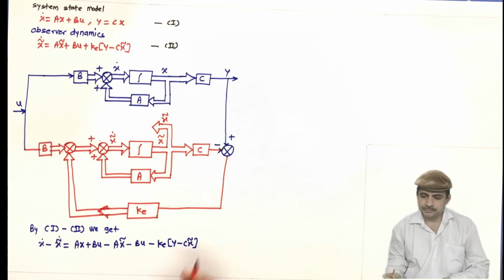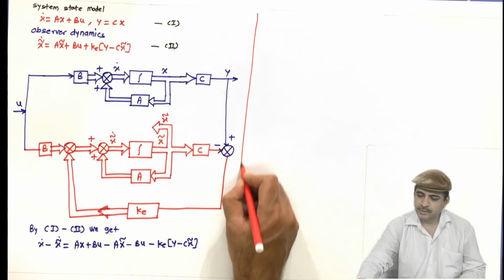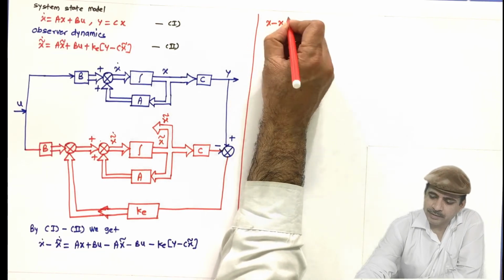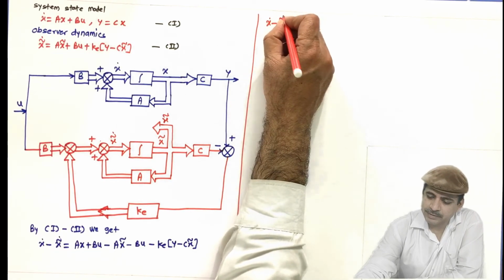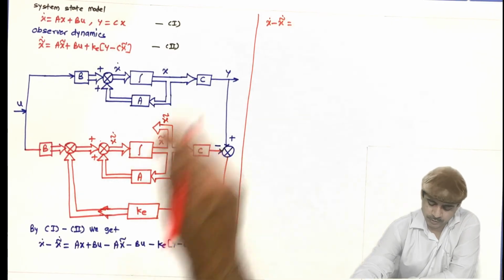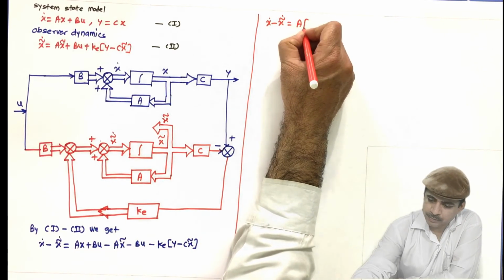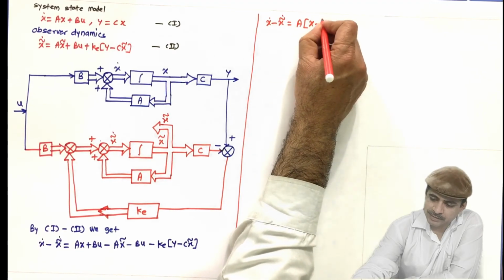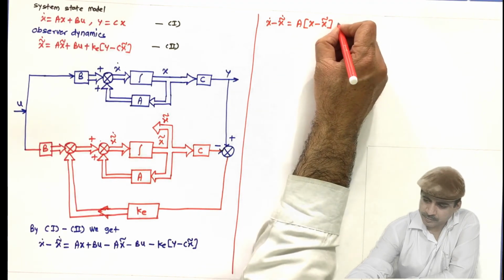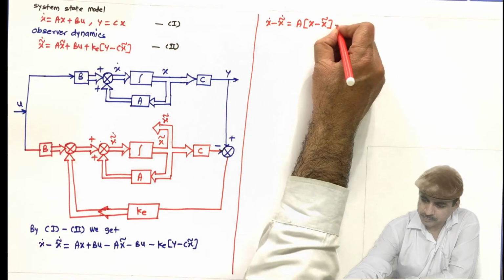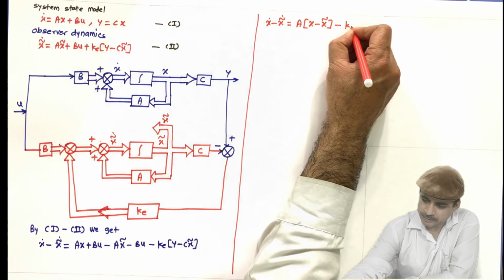And this gives me x dot minus x tilde dot is equal to bu gets cancelled, a into x minus x tilde minus ke.